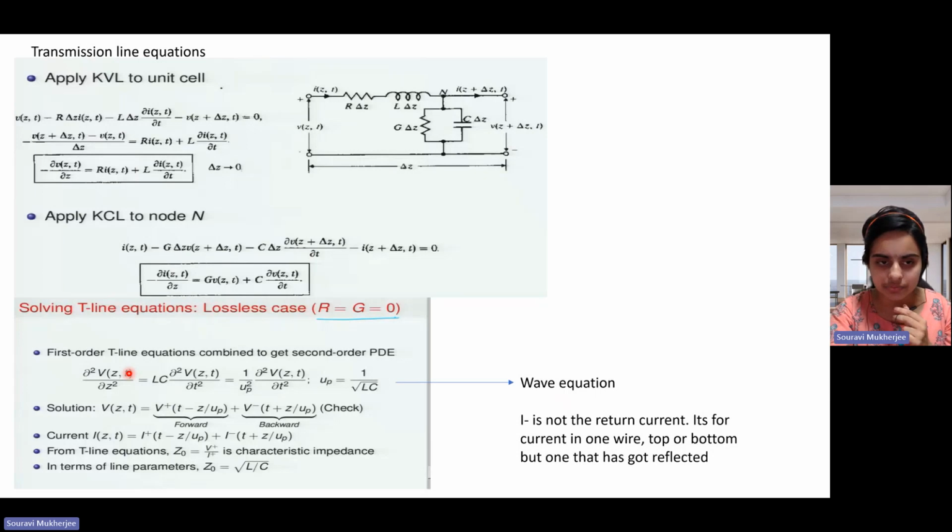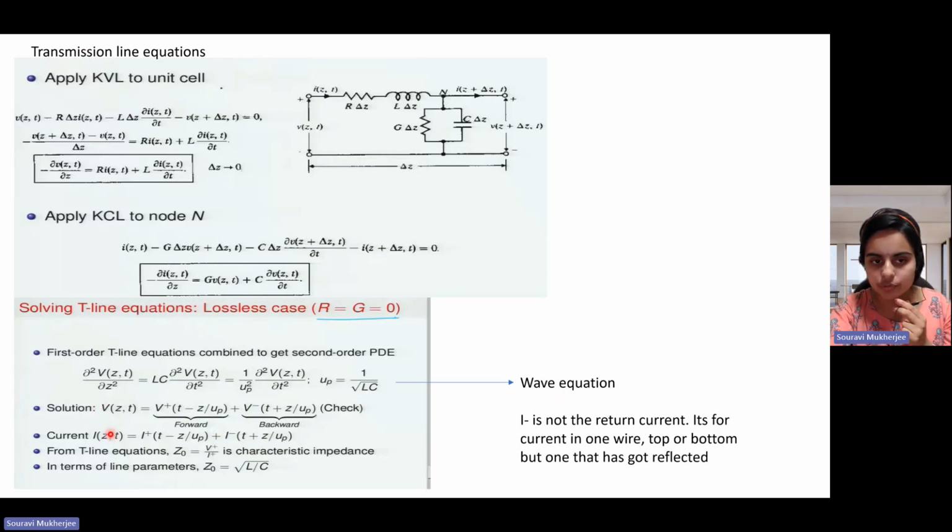Changes in electric field. So that's how you get an estimation of how your voltage is changing along the line. And this is the solution to this kind of wave equation. We already know that. It will be a summation of a forward moving wave and a backward moving wave with the velocity given here, right?